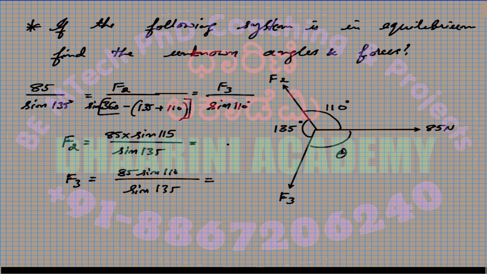So this implies, what is F2? 102.95, okay, 280 newtons. F3 is 92 newtons.